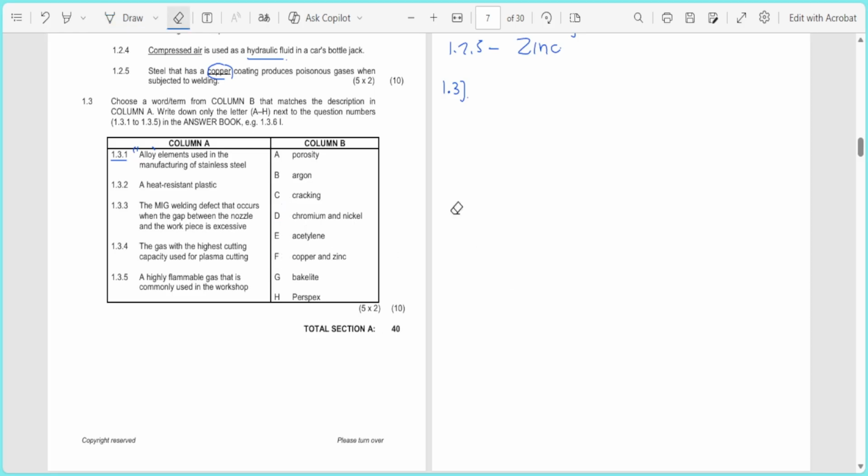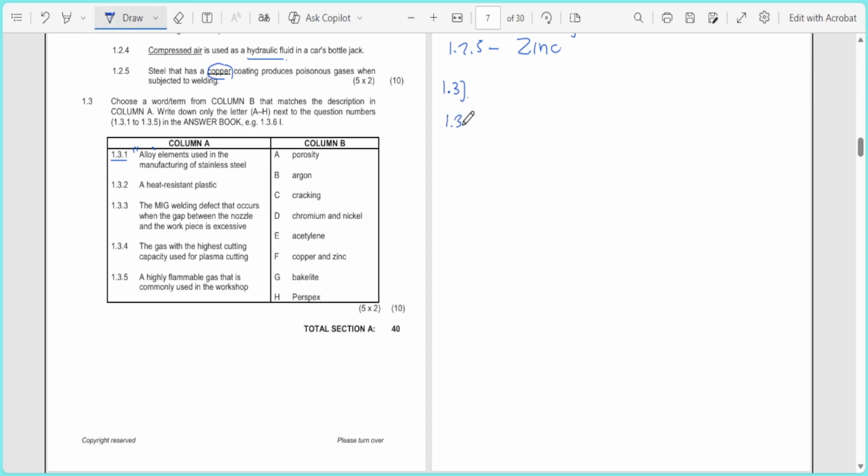So the answer here is going to be D. I'll explain why. 1.3.1, the answer is D. It's definitely chromium. Chromium provides the chromium oxide layer that actually prevents rust, so it provides the corrosion resistance of the stainless steel.